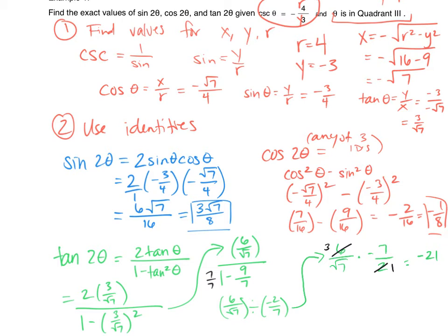We'll pull the negative out in front, and then the bottom just becomes root 7. All I have to do now is rationalize, so I multiply the top and the bottom by the square root of 7. I'm left with negative 21 root 7 over 7, but 21 divided by 7 is 3 over 1, so this becomes simply negative 3 root 7.